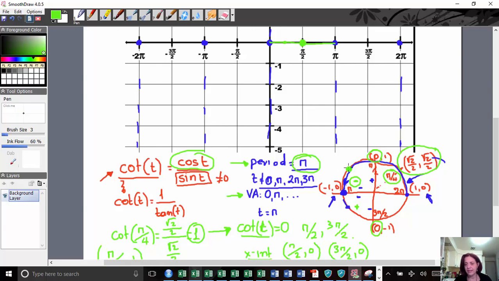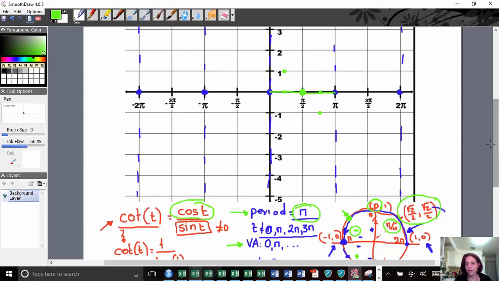So at this point, the cotangent is going to be negative 1. And this is the point 3 pi/4, so right here it's going to be negative 1. So we have basically 2 points for the cotangent, except for pi/2.